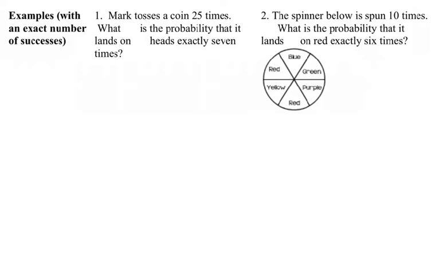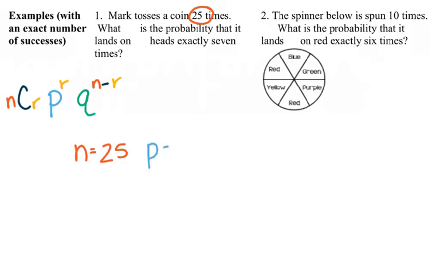Alright, so we're going to look at examples with an exact number of successes. So, a coin is tossed 25 times. That's my N. What is the probability that it lands on heads exactly 7 times? So my success is that it lands on heads. So 1 out of 2. My failure would be it lands on tails. Still 1 out of 2.